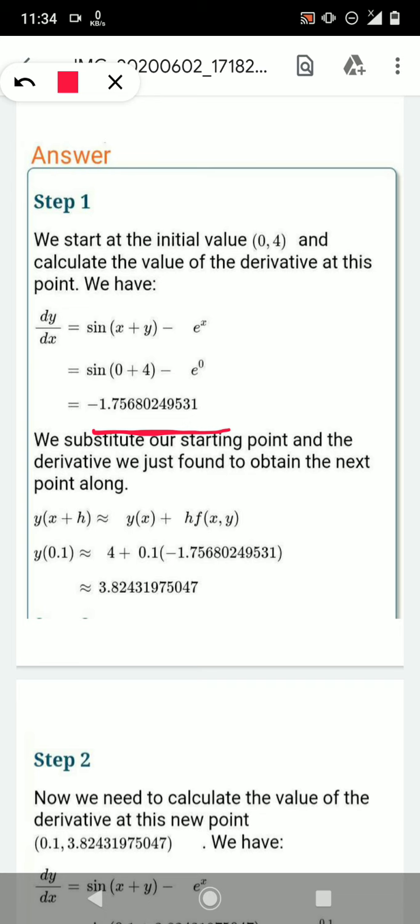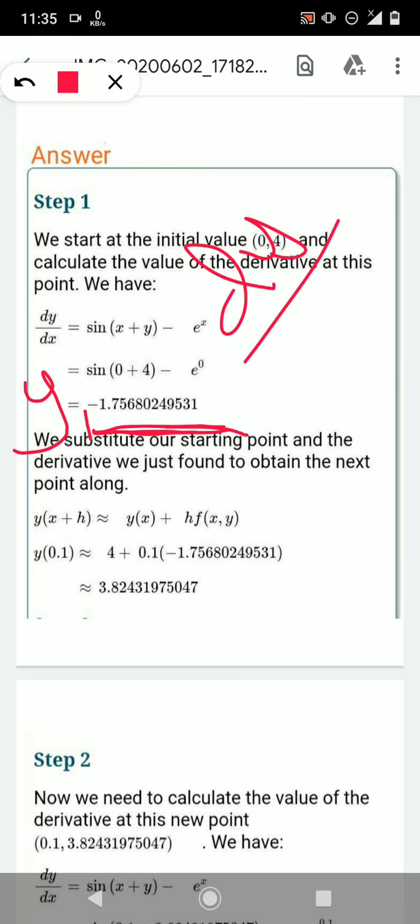That is the approximate derivative value dy/dx.